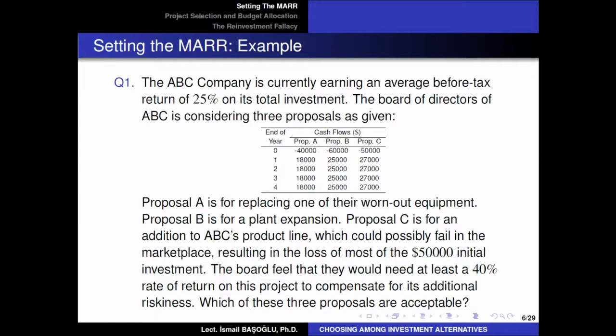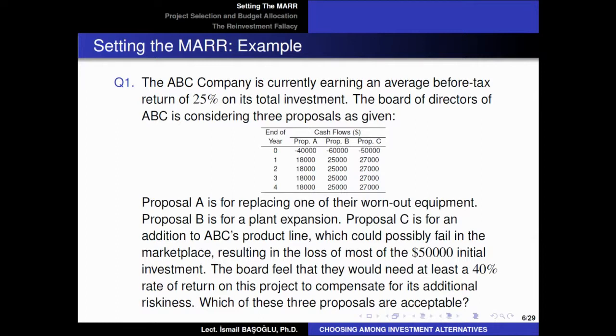I mean, these $27,000 of revenues that we are going to predict that we are going to get in the following 4 years are just expectations, but there is also a considerable probability that this product may fail. We are just going to lose that $50,000 and we are not going to get anything at all. Okay? So the third project is risky.